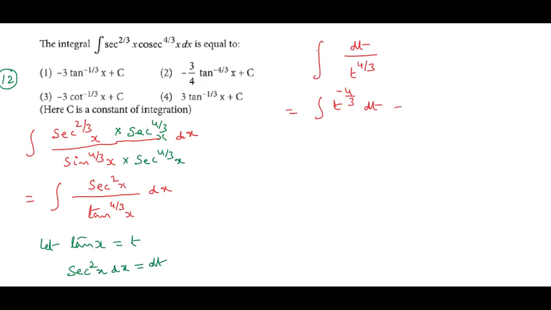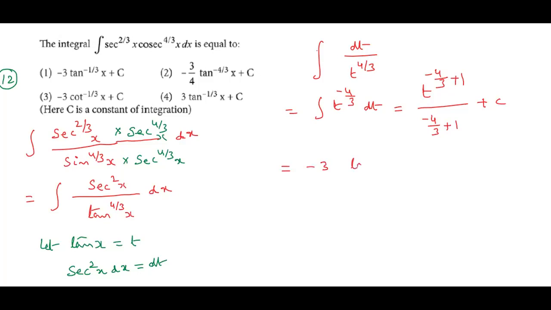Apply the integration. T power minus 4 by 3 plus 1 divided by minus 4 by 3 plus 1, plus c. Now minus 4 by 3 plus 1 is minus 1 by 3. So overall we get minus 3.